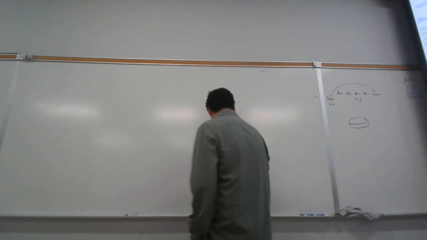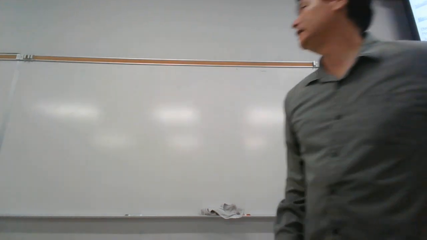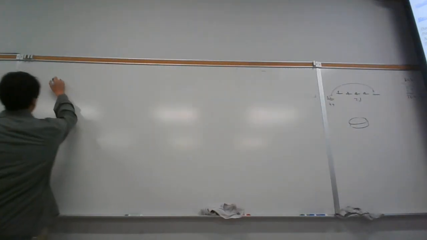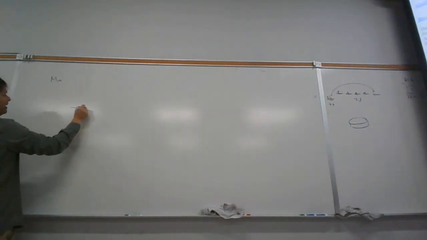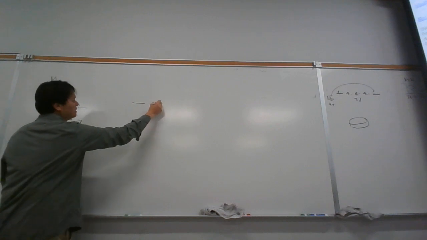So after chromium comes what? Manganese. So let's take a look at manganese. Manganese, we'll look at argon. We're going to have 4s2, followed by 3d5.